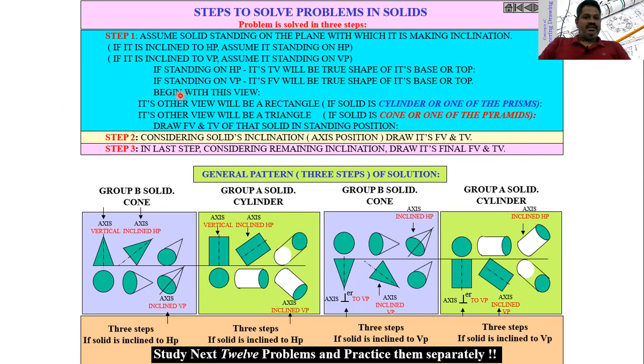Then begin with this view, because we have to begin with the true shape. First we have to draw the true shape, then use that true shape's projections to draw the front view or top view respectively. If the base is lying on HP, the top view will be the true shape. If the base is lying on VP, the front view will be the true shape. That means we have to draw the true shapes first based on this decision.